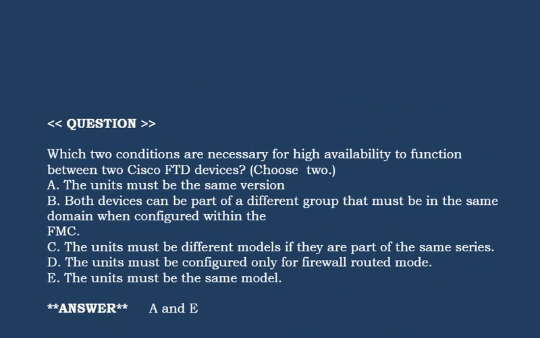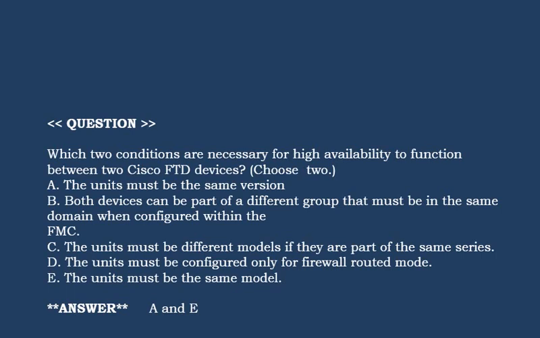Next question is, which two conditions are necessary for high availability to function between two Cisco FTD devices? Choose two options. Option A. The units must be same version. Option B. Both devices can be part of a different group that must be in the same domain when configured within the FMC.